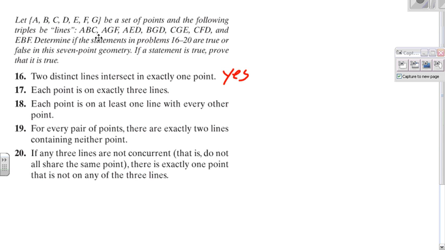Point E, 1, 2, 3 lines. Point F, it's in 1, 2, 3 lines, and last point G, 1, 2, 3 lines. So yes, that's true as well.